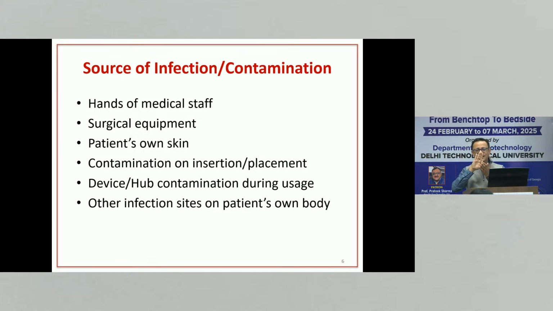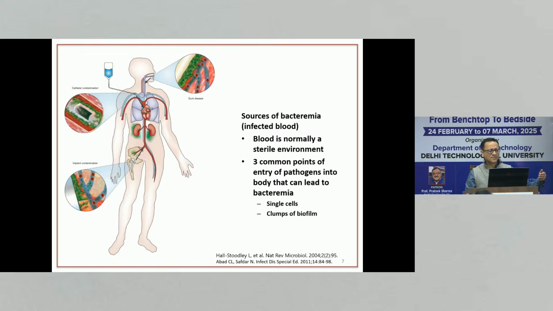If that hub is not cleaned properly every time, that can introduce infection in that device also, right? Sources of bacteremia, or infected blood, can be gum disease, catheter contamination, or the implant. Any of these can lead to bacteremia.